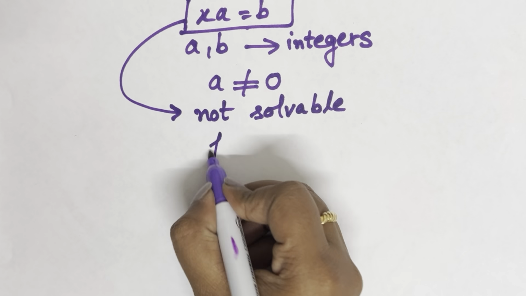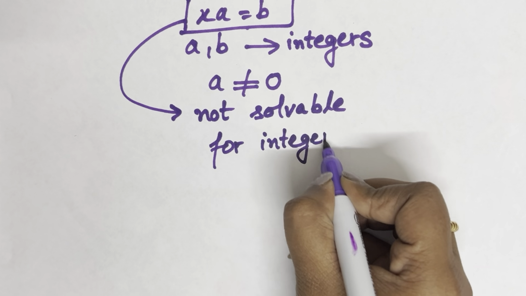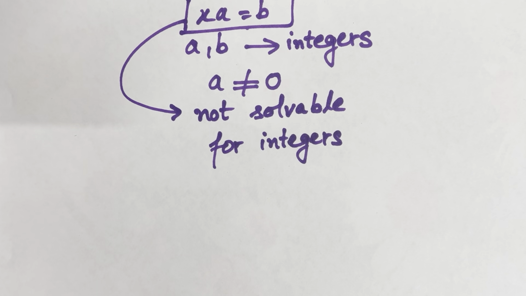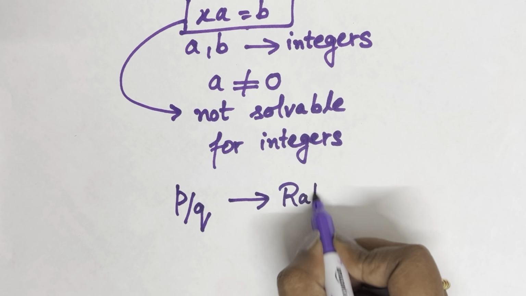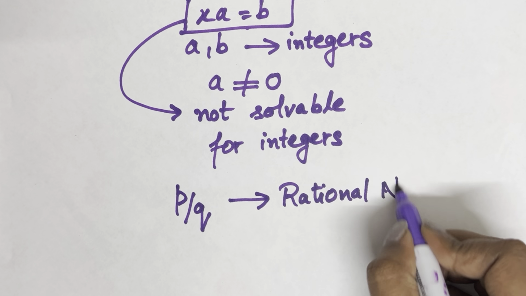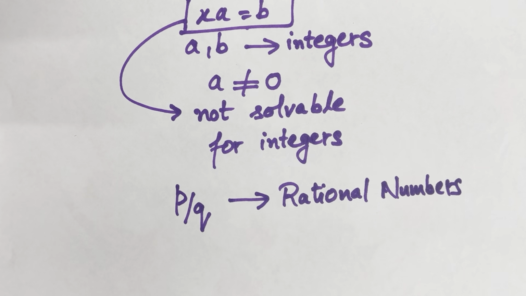You put any integer here, and no particular integer will be able to solve this equation. So integers are extended to form rational numbers, that is in the form of p by q. This way rational numbers were introduced to solve this type of equation, x into a equals b, where a and b are integers.